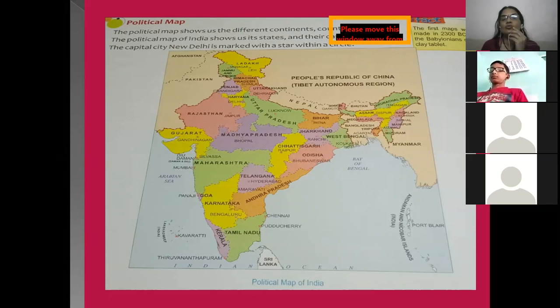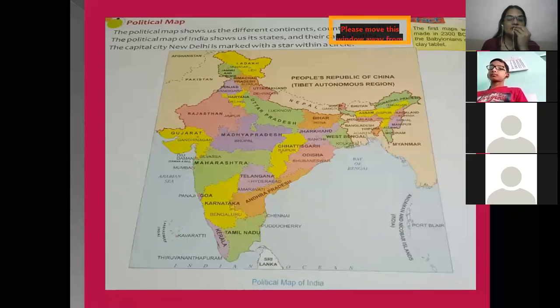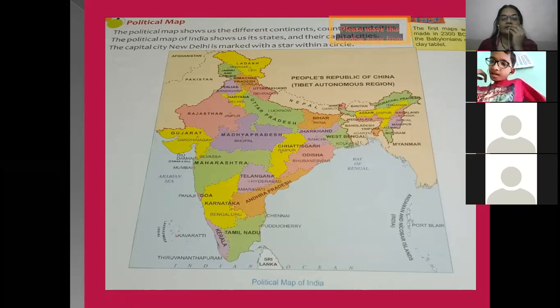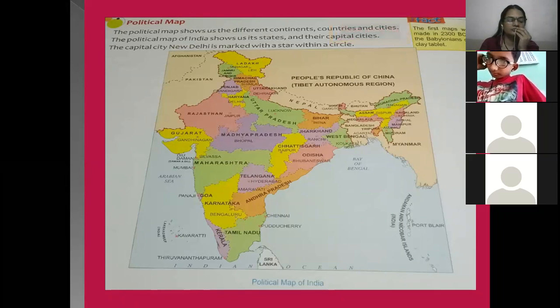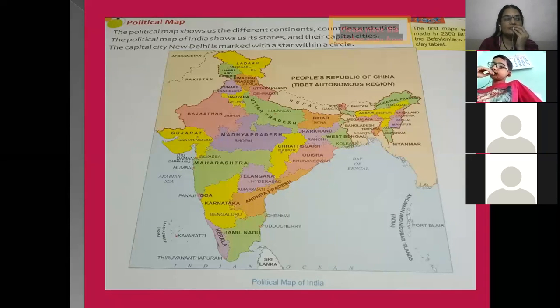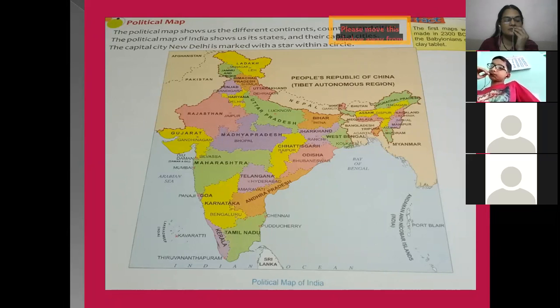You all should know the capitals of India. Now, this was about the political maps. Now other maps also.